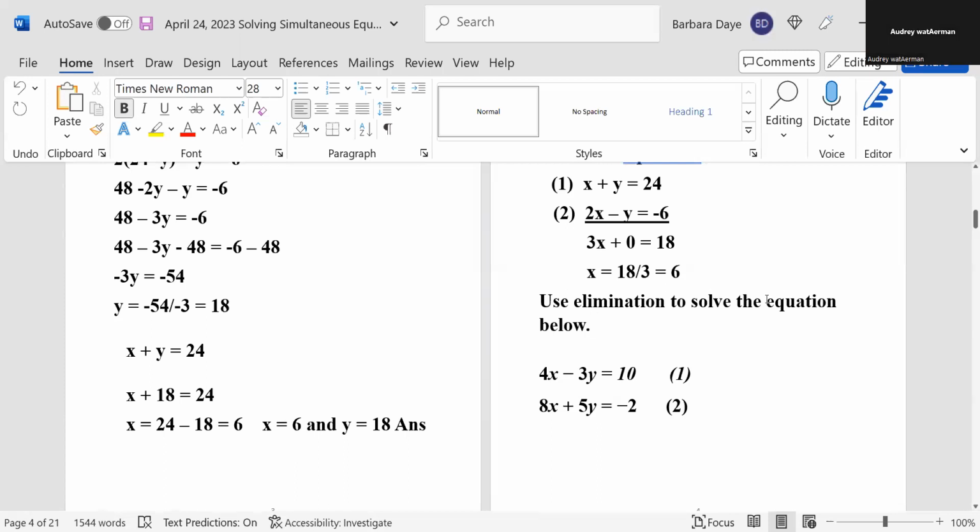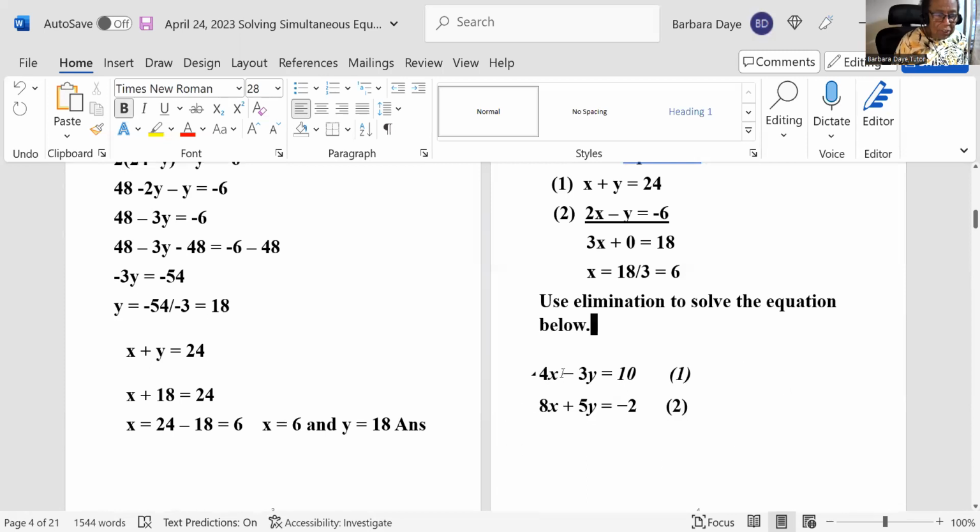Yeah, the variables, you have X and Y, okay? And I will eliminate Y. How would you do that? I don't know. By subtracting one from the next? No, you still will have Y's and X's.